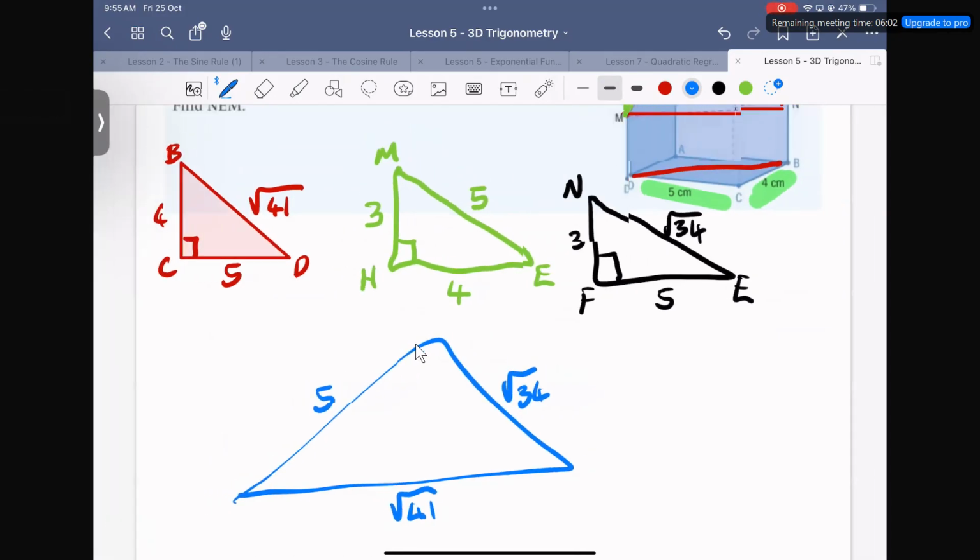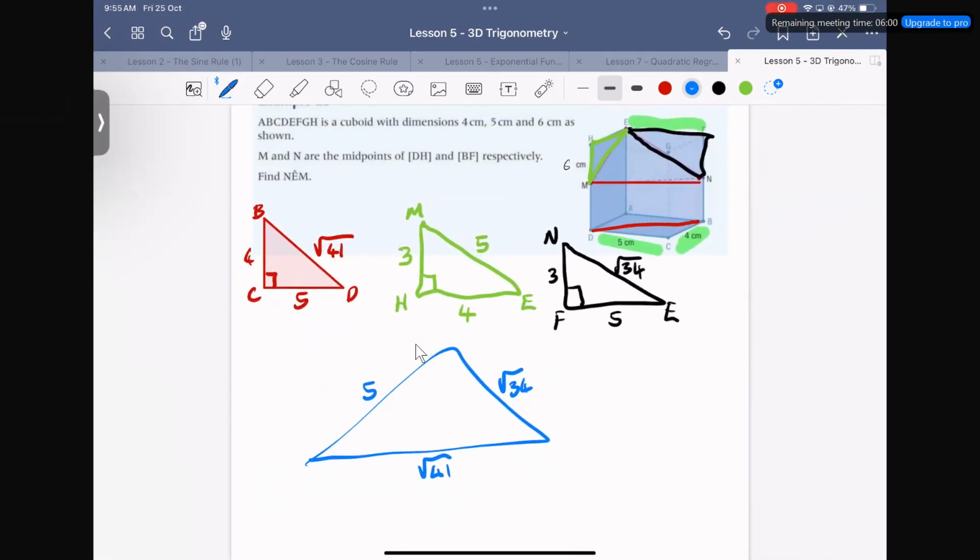Let's get the sides up. This is equivalent to MN.